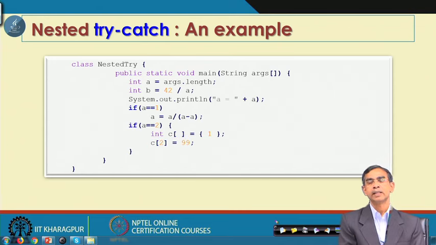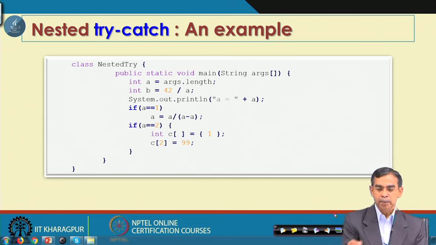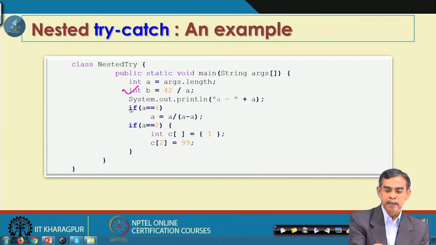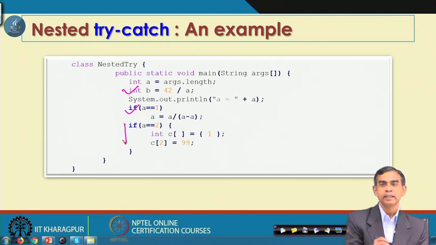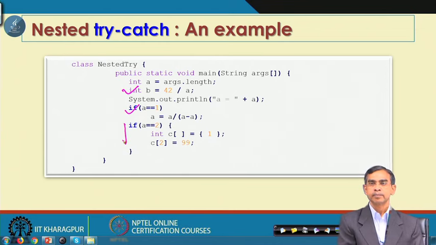So, here there are basically two types of errors. In the first two cases, as we see here and here, it is an arithmetic exception, and in the second case the array index out of bound exception occurs. So, two types of error. If there are two types of errors, then we can think of two catch blocks.